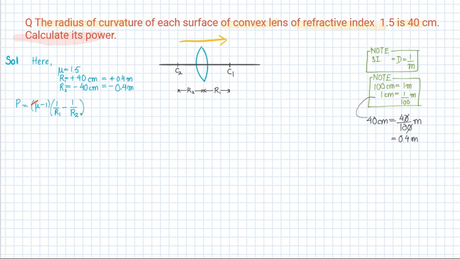How much is mu? Mu equals 1.5. How much is R1? R1 equals 0.4 meter. And how much is R2? R2 is minus 0.4 meter.